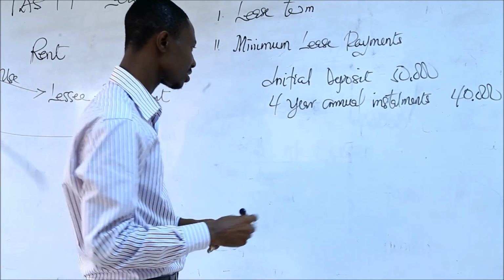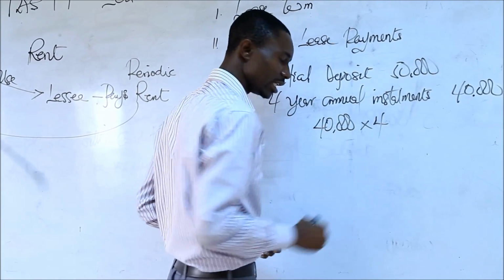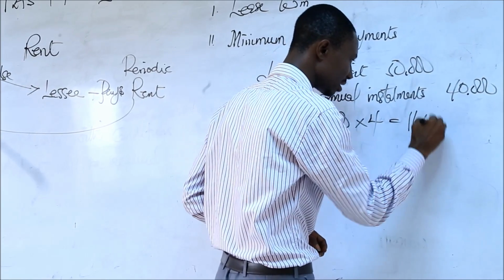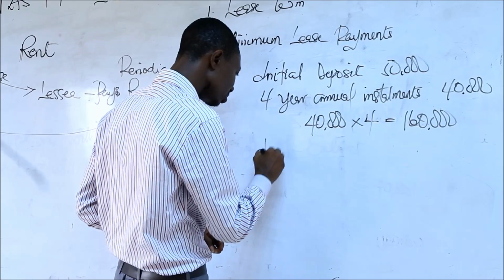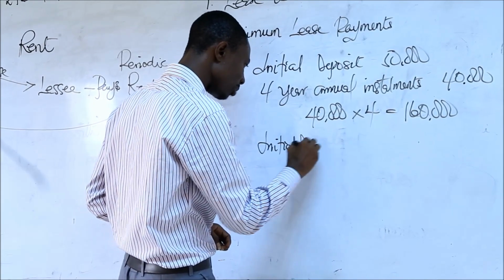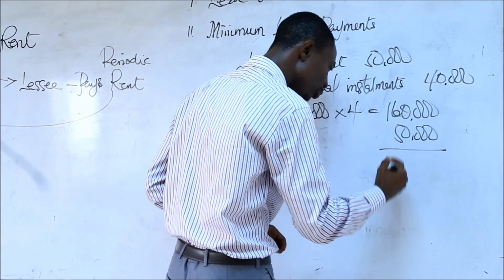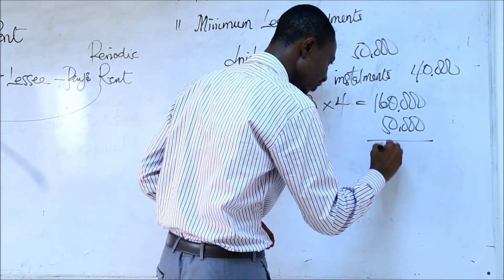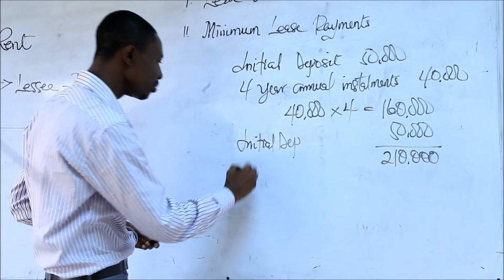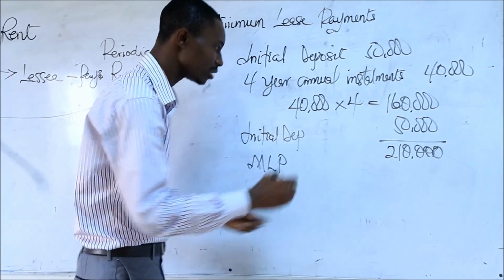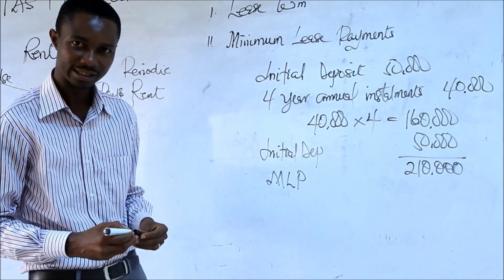What it means is that you are going to pay 40,000 every year for the next 4 years, giving you 160,000. Then you are going to pay an initial deposit of 50,000. When you put these two together, that gives you 210,000. So in a simple situation like this, the minimum lease payment is going to be 210,000. That is the total amount you'll be paying under the lease.